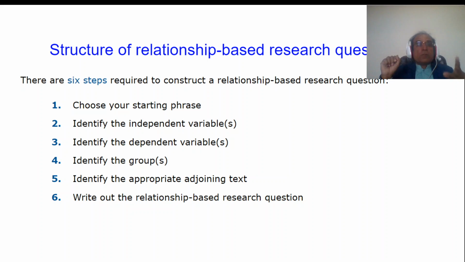First, choose your starting phrase, identify the independent variable, identify the dependent variable, identify the group, identify appropriate adjoining text, write out the relationship-based research question, and now I will explain these 6 steps in detail.